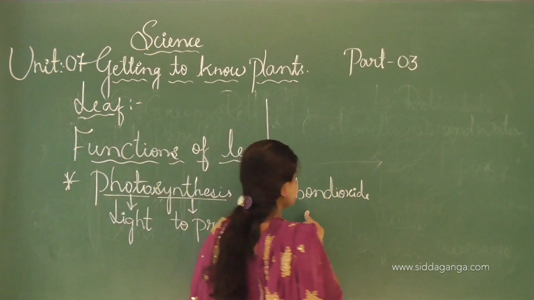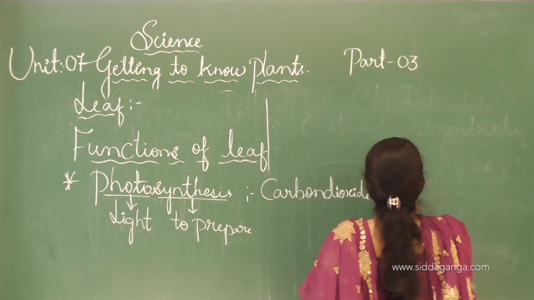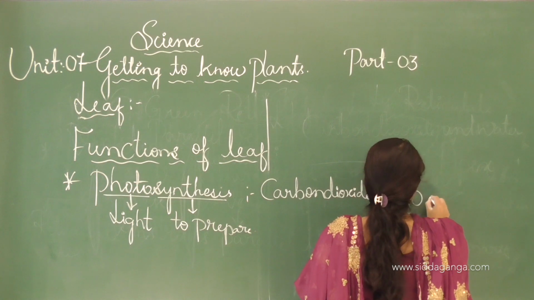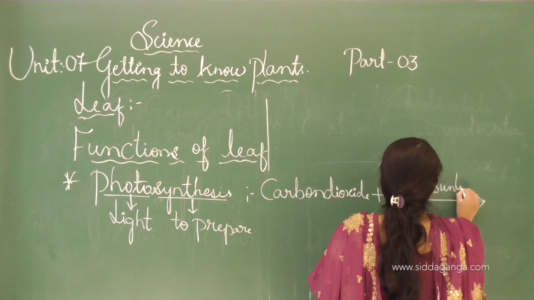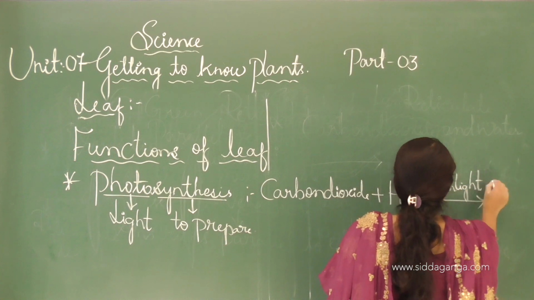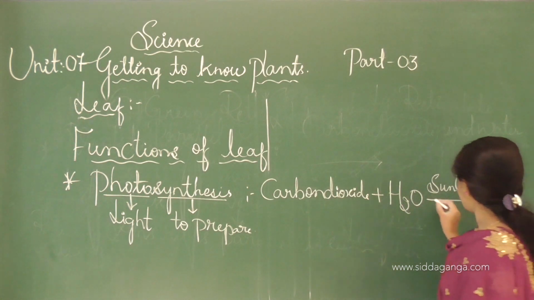This carbon dioxide is utilized by the plant with the water present in the soil, using the sunlight. Sunlight here acts as the ultimate source of energy.